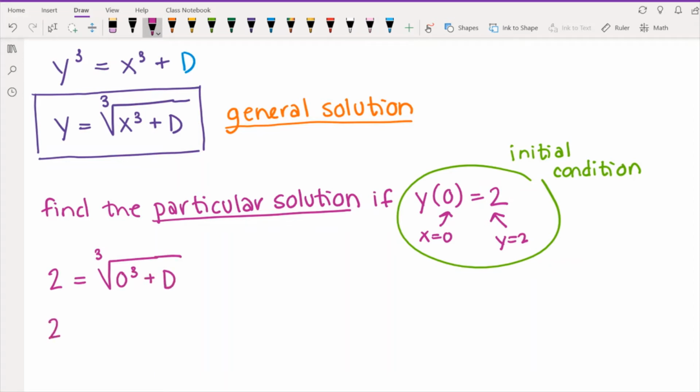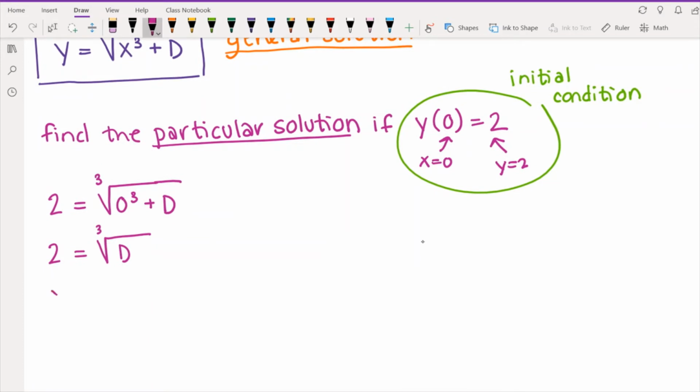And so that means that 2 is equal to the cube root of d. If we cube both sides, we find that 8 is equal to d. And so that tells us that our particular solution is y is equal to the cube root of x cubed plus 8.